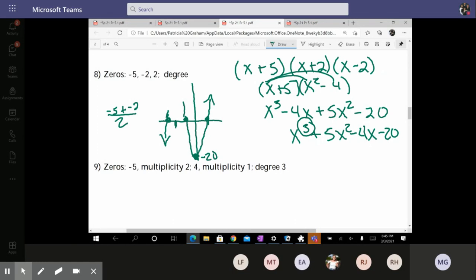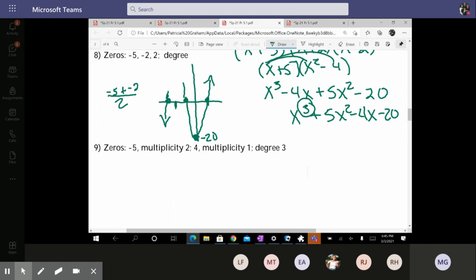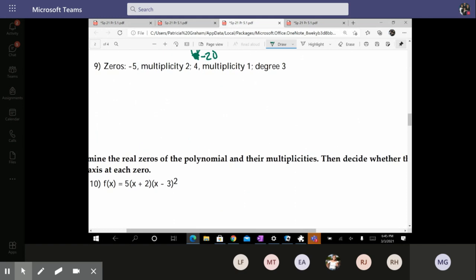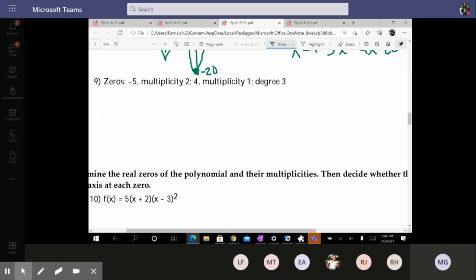One more. We've got another vocabulary word here: multiplicity. When I have a 0 of negative 5, that gives me x plus 5 in parentheses, right? Multiplicity is giving that parentheses an exponent. This is x minus 4 with a degree of 1.